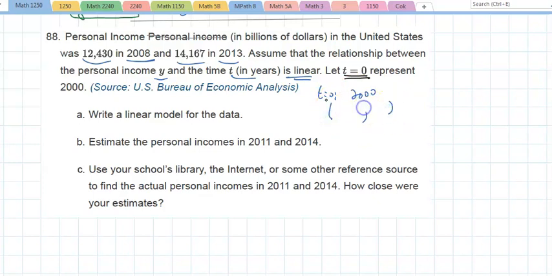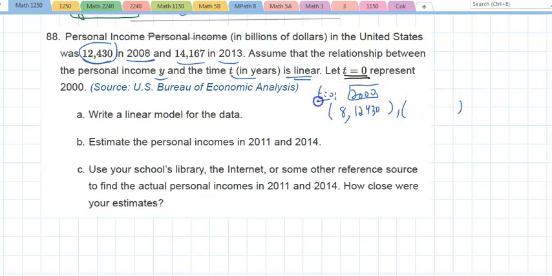Well, let's see. That means in 2008, so from 2000 to 2008, in 8 years' time, we had 12,430.